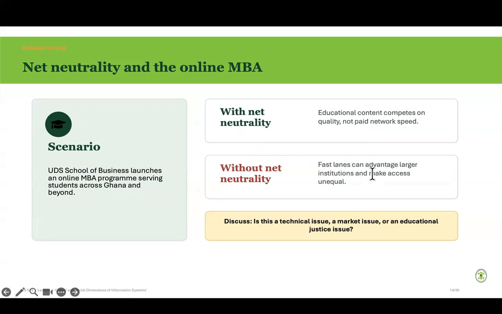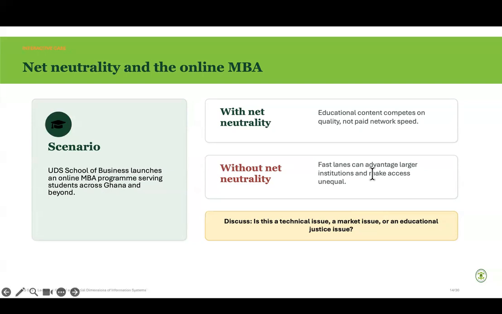Under the concept of net neutrality, we are basically saying that internet service providers treat lawful online content broadly and equally. So a student can access our educational content without the provider deliberately slowing one institution down, assuming we are competing with, say, tech, while giving another a paid advantage.